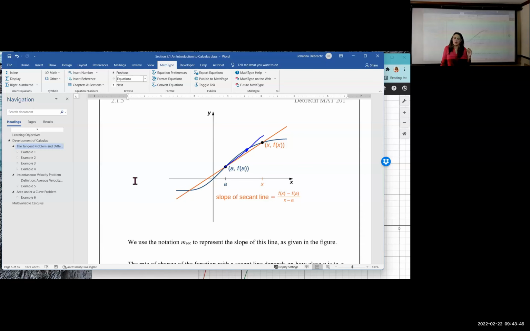But the problem with the formula is ending distance minus beginning distance, ending time minus beginning time. And if I'm talking about instantaneous velocity, how much time has elapsed? If you're talking about instantaneous speed, how much time has gone by?